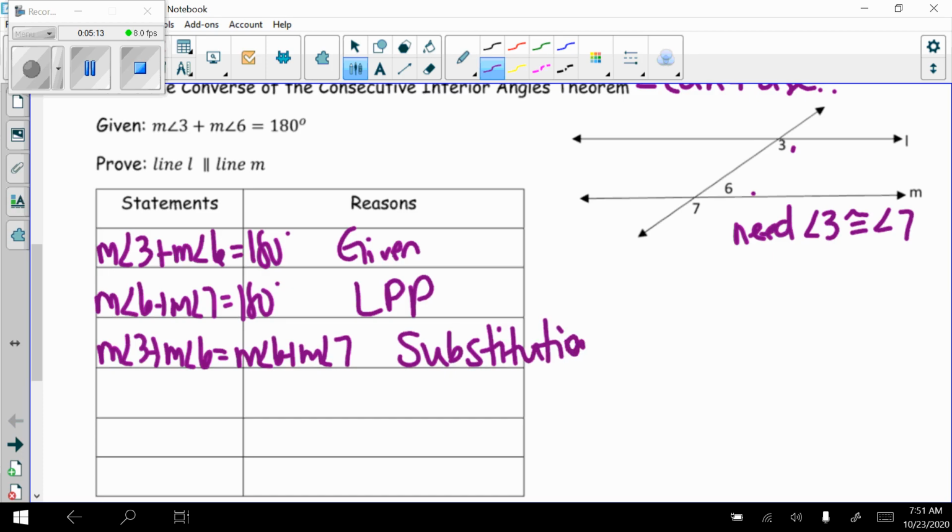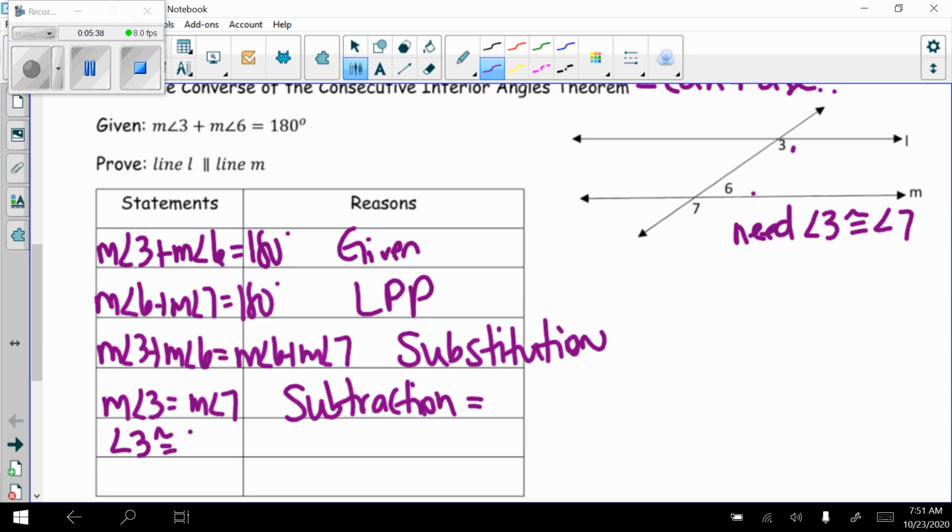Remember, you can only use substitution when you have equal signs. Now, they both have a measure of angle 6, so if I subtract measure of angle 6 from both sides, I get measure angle 3 equals measure angle 7 by the subtraction property of equality. I need to prove that 3 is congruent to 7, so now I can change from equals to congruence by the definition of congruence.